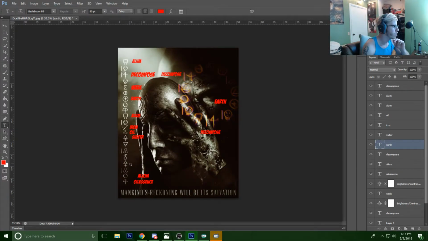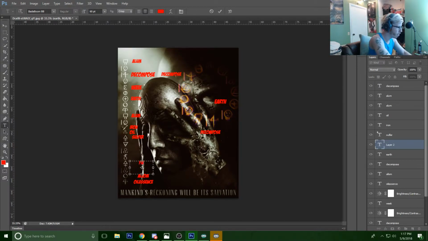But that also could just stand for sulfur. I'm going to put that down as fire spirit, because that's what it looks like it says. But I'm not 100% certain on that.